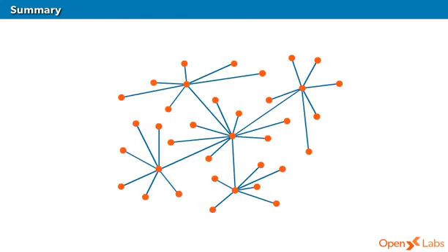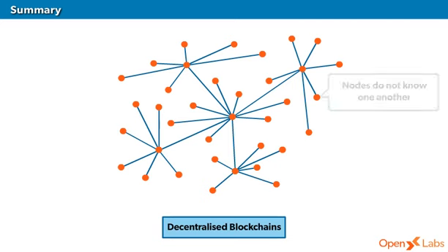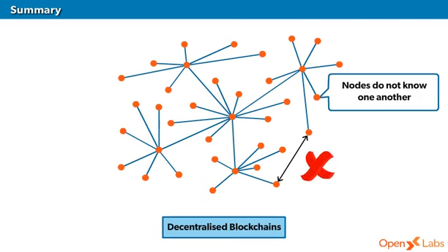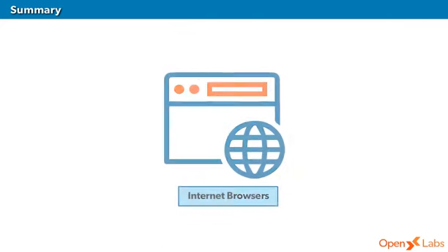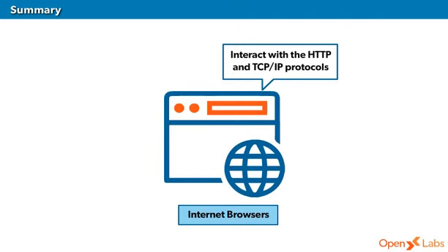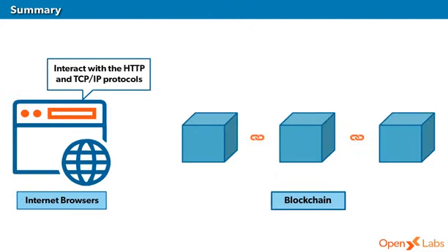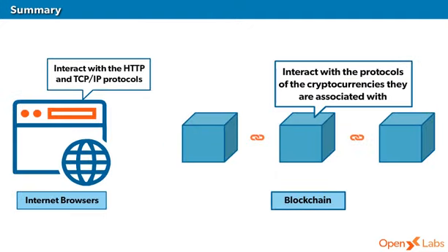In highly decentralized blockchains, nodes do not know one another and therefore cannot entice other nodes to collude with them. Much like internet browsers that interact with the HTTP and TCP/IP protocols, block explorers merely interact with the protocols of the cryptocurrencies they are associated with.